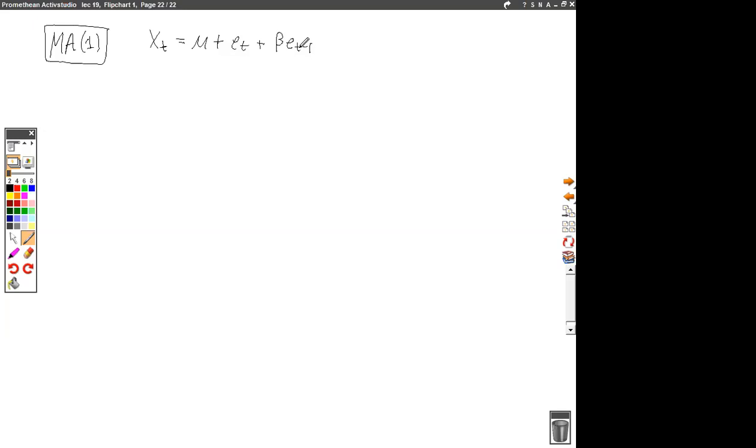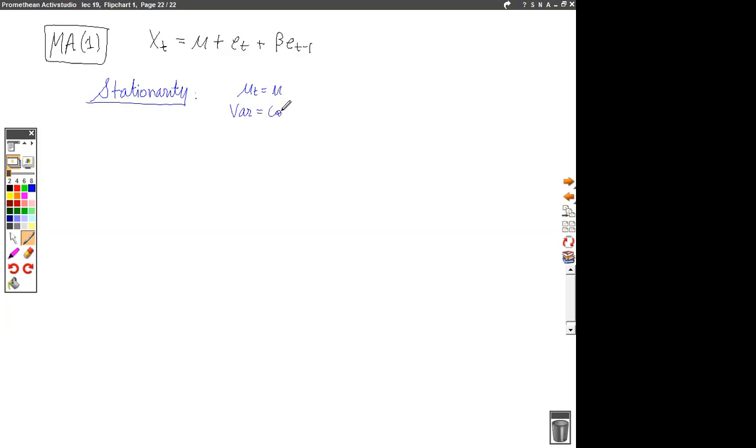And now let us try to figure out the covariances. So I know that my mean and variances are constant. So I'll have a look at the covariance now. Stationarity. So the mean is just mu.